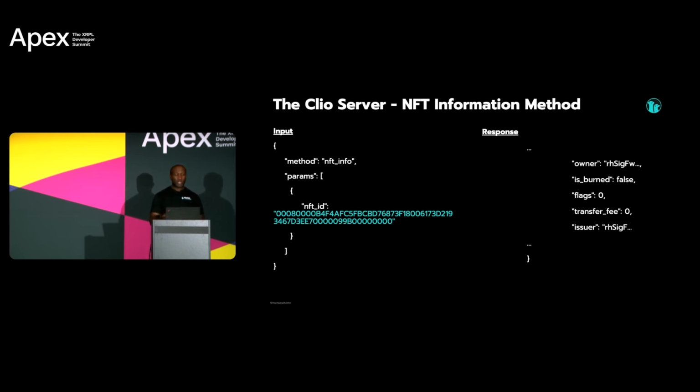You can get the owner, is it burnt, the different flags, transfer fees, the issuer, the URI. So there's a lot of information provided in that. That's a really useful method that could be utilized on the Clio server.